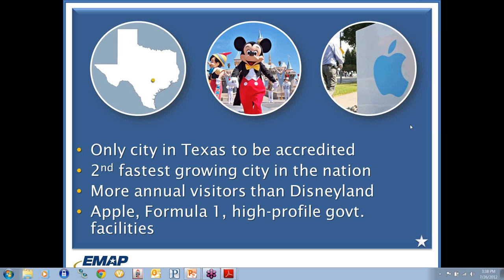First, an overview of the City of Austin and our Urban Area Security Initiative region. Secondly, why we decided to go through the accreditation process. Thirdly, provide a timeline of what happened, when it happened, and the cost for us to become accredited. And finally, I'd like to give you an insight on some challenges, some best practices, and our next steps. Next slide.